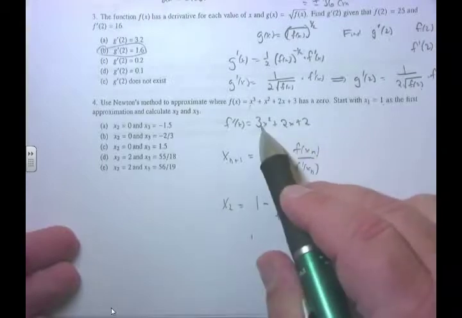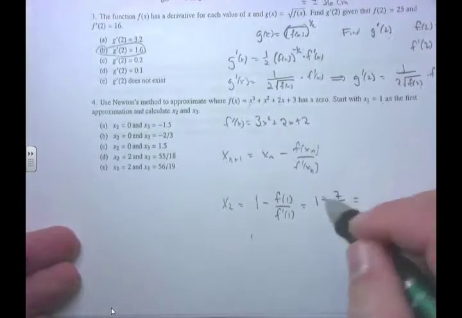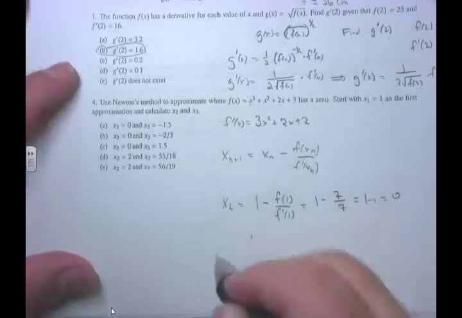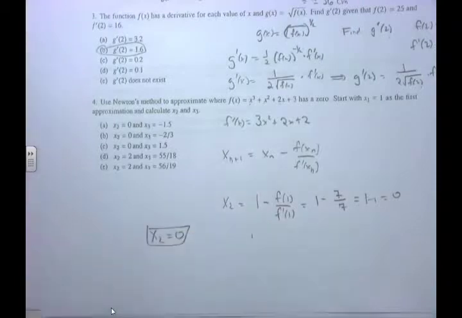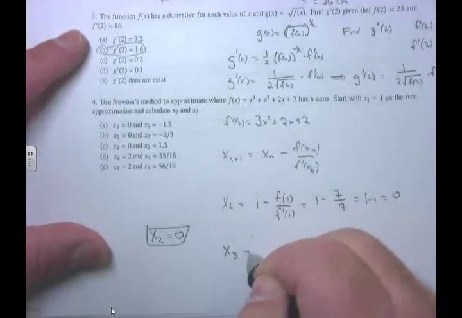That's 4, and 3 is 7. So what do I get? Well, 1 minus 1, which is 0. Which tells me what? x2 is 0, which means my answer is either A, B, or C. I can already eliminate some answers. Does that make sense?